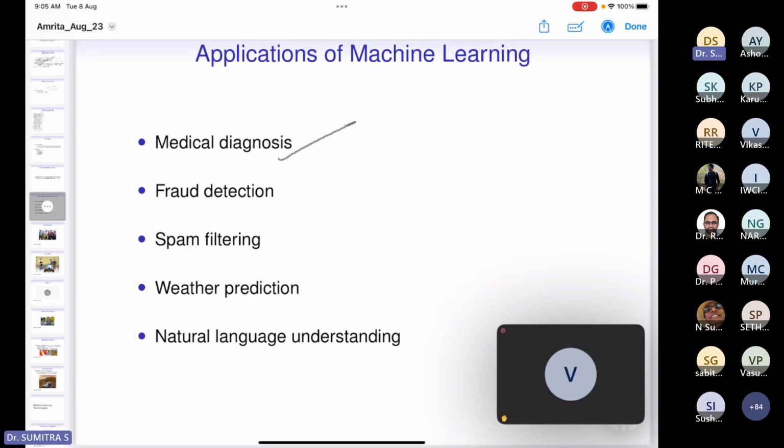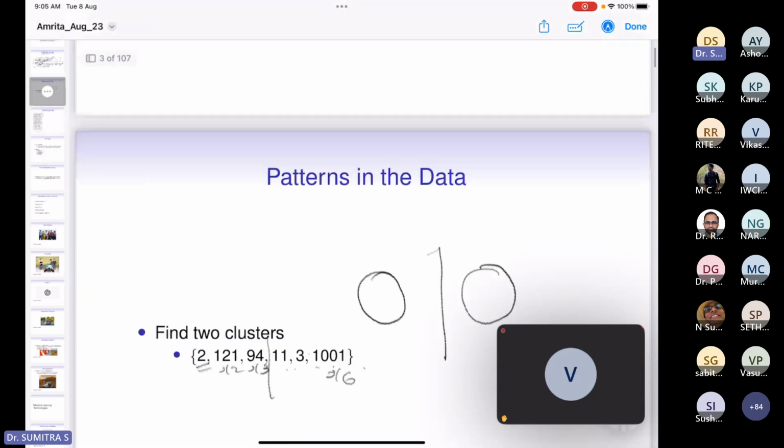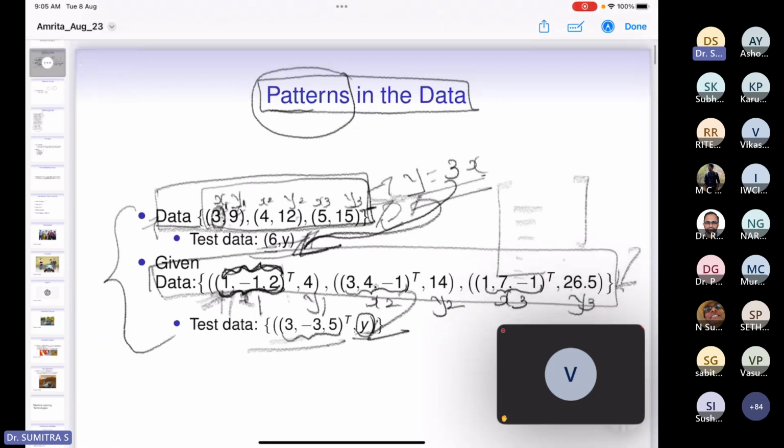For example, in medical diagnosis, we have the corona patients data. Like this data, you have corona patients data. This X part will be the symptoms collected from each patient.